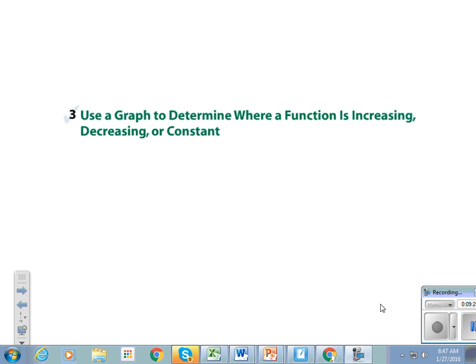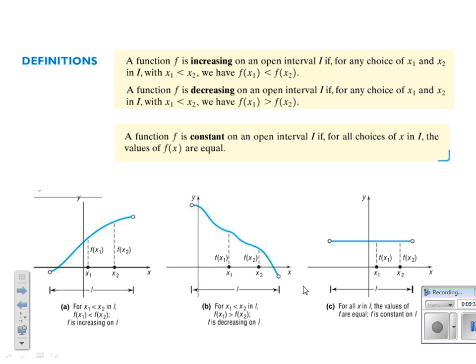So now we're going to use a graph to determine where a function is increasing, decreasing, or constant. This is mega easy. You guys got this. Just looking, finding it increasing, decreasing, or constant. All right, so after you write the learning objective down, I want you to write down this terminology, because when you move on to learn more math, they're going to use more of this terminology and expect you to spit it back.